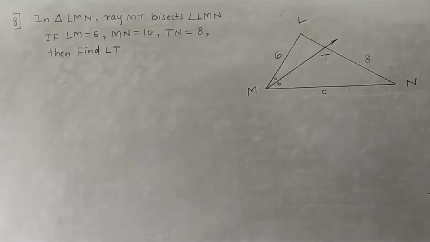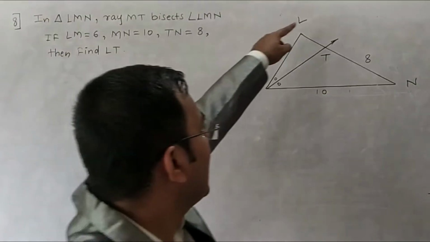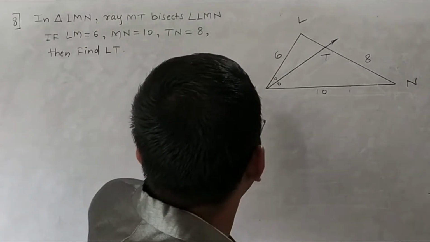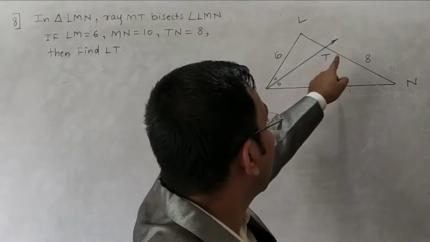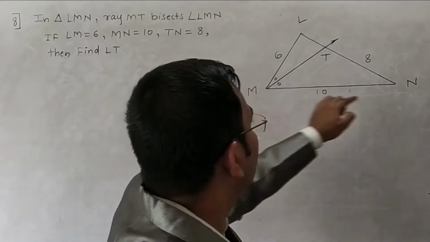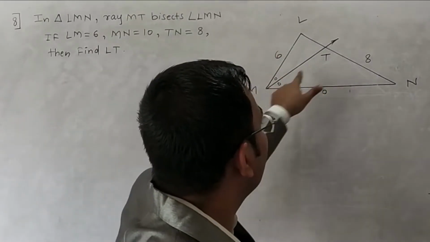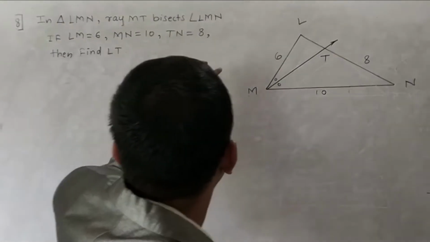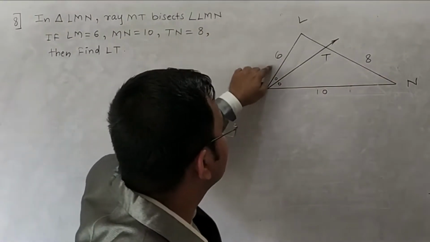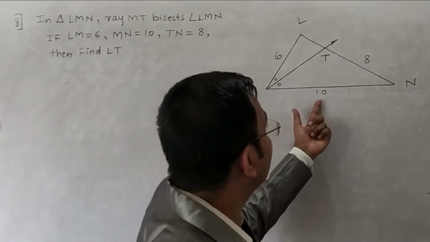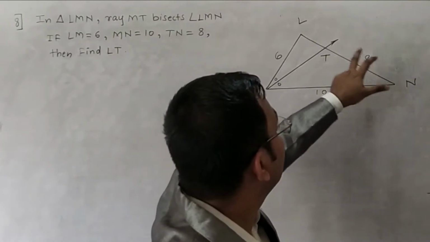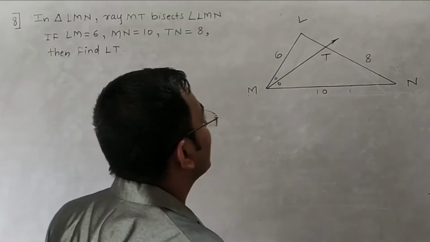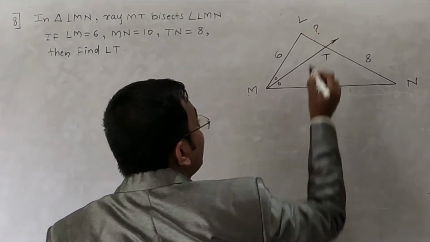Question number 8. In triangle LMN, ray MT is bisector of angle LMN. So they are given to us. LM is 6, MN is 10, TN is 8, and LT we have to find out.